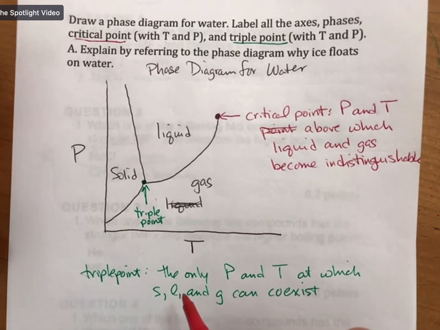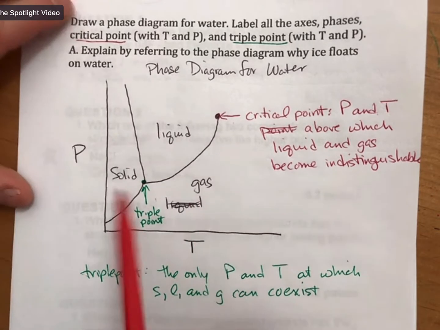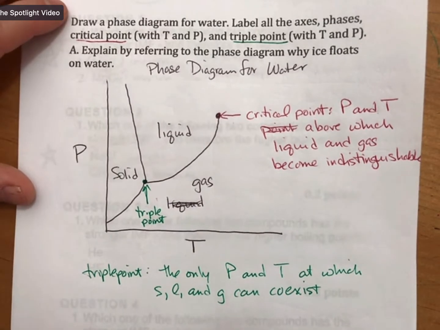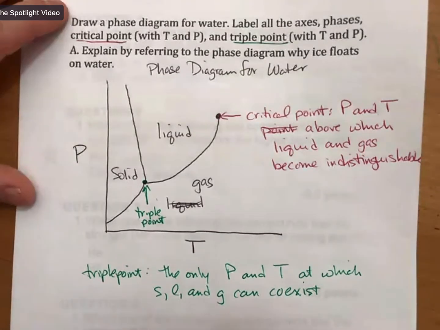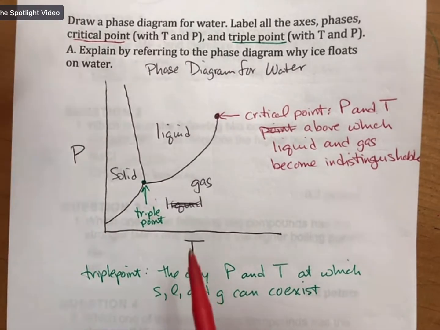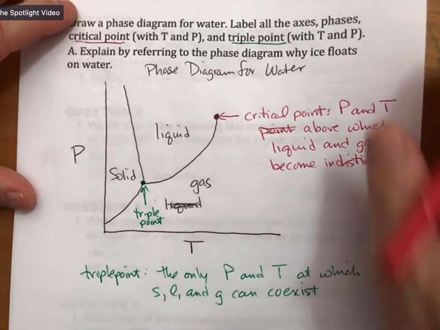And now, let's answer A. Explain by referring to the phase diagram why ice floats on water. I'm trying to think of the best way to put this.